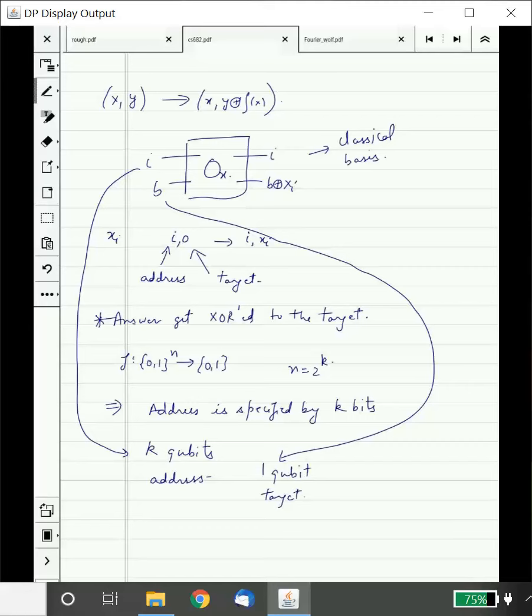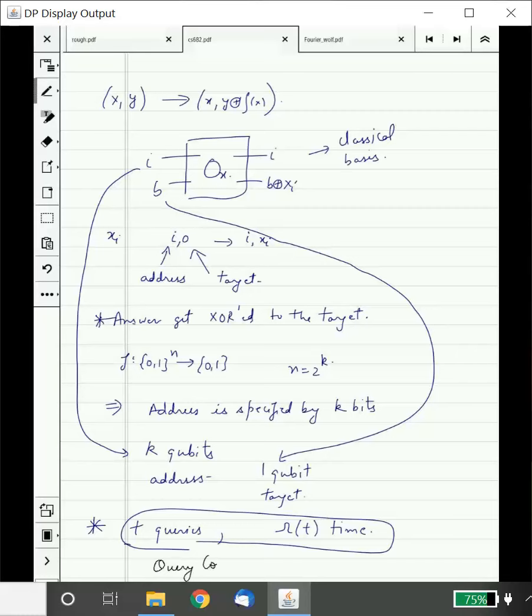A small note here: clearly any algorithm, if it is doing t queries, will take at least Omega(t) time, because every query will require some constant amount of time. So a t-query algorithm will take Omega(t) time. That means query complexity gives a lower bound on time complexity.